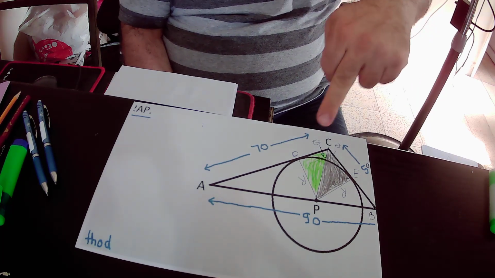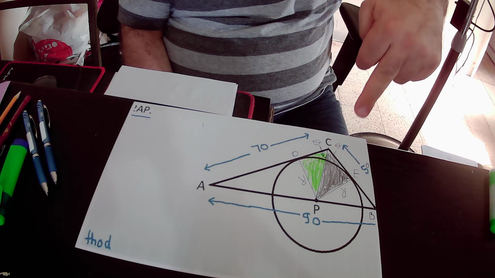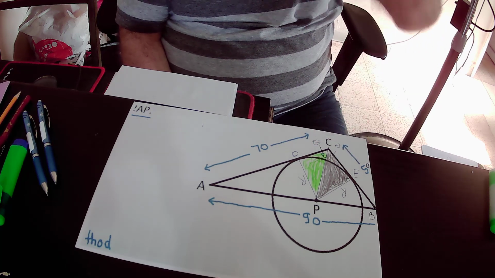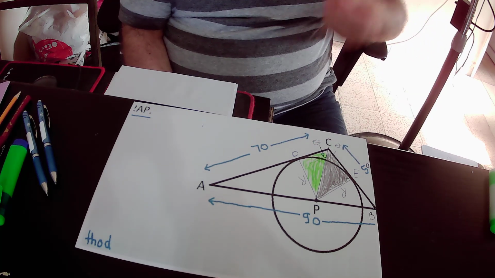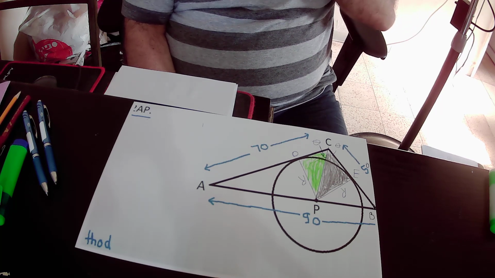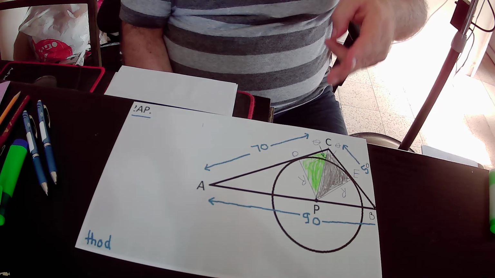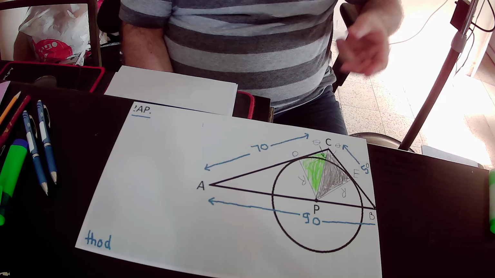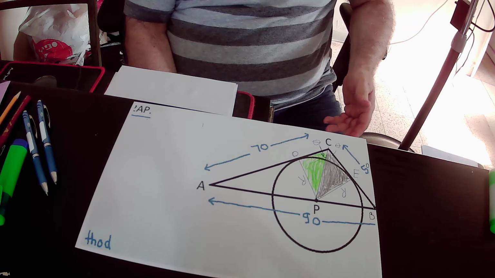So we have three sides of the green triangle that are equal to three sides of the black triangle. For that reason, those two triangles are congruent, or overlap each other.